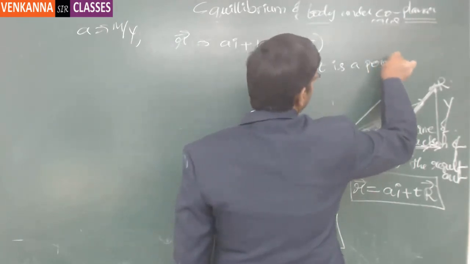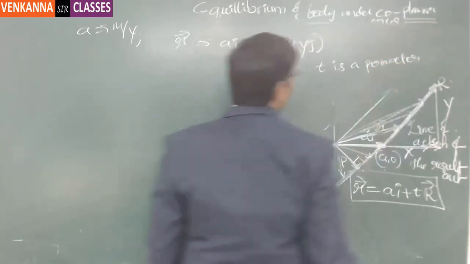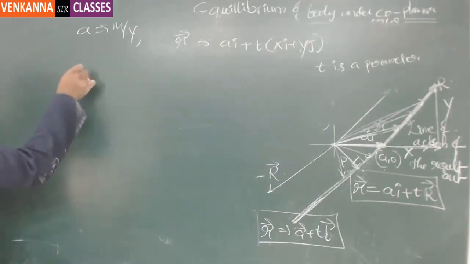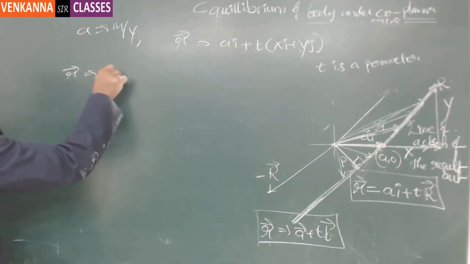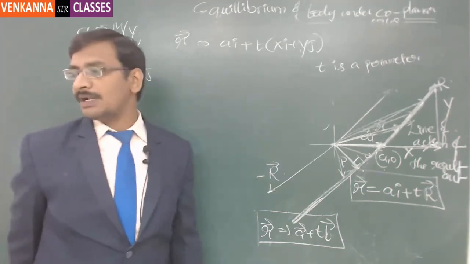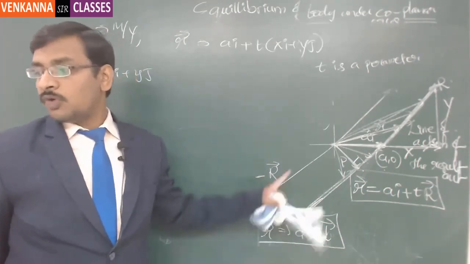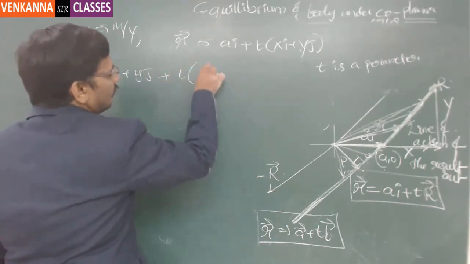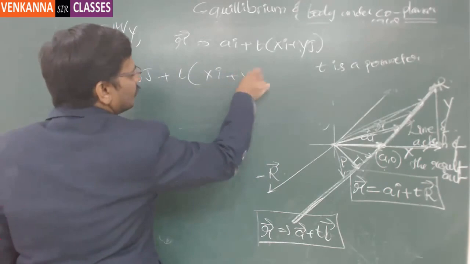This parameter will decide where the point will be. Now if you replace that, R is equal to xi plus yj, so this is the position vector. Small x and small y are the position vector components, and capital X and capital Y are the force components. Plus t times of (capital X into i plus capital Y into j).